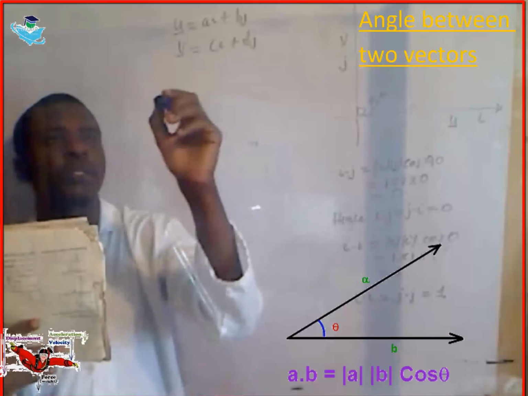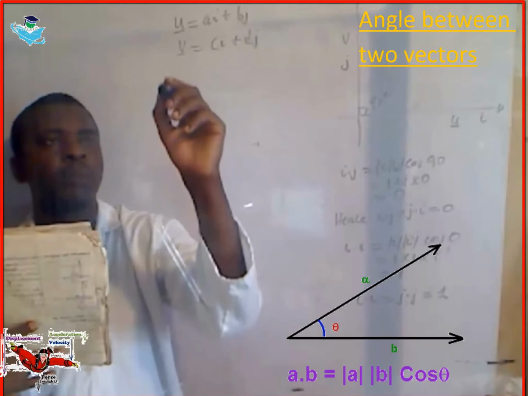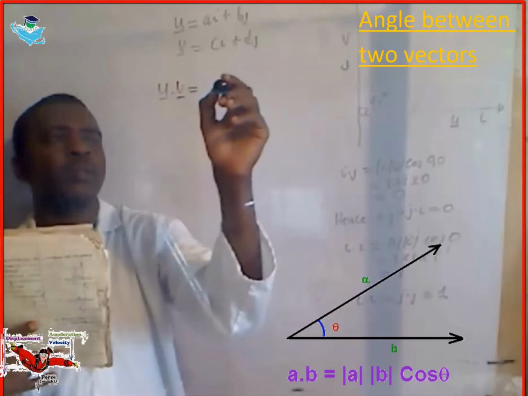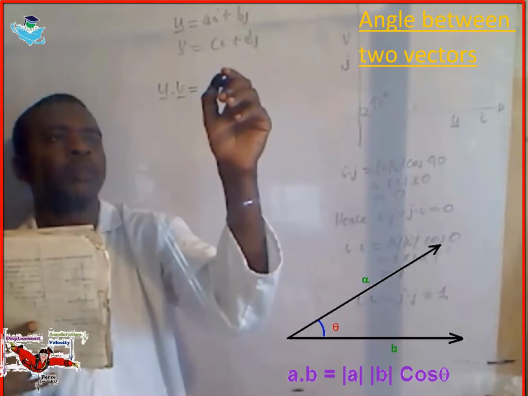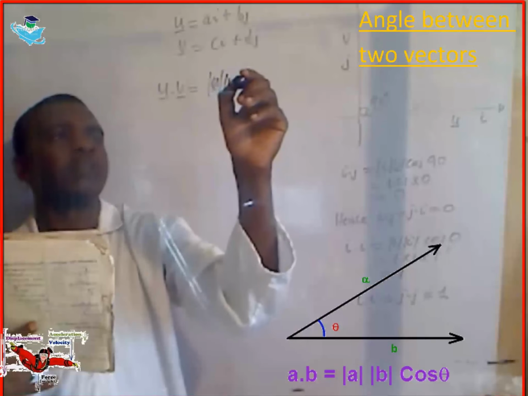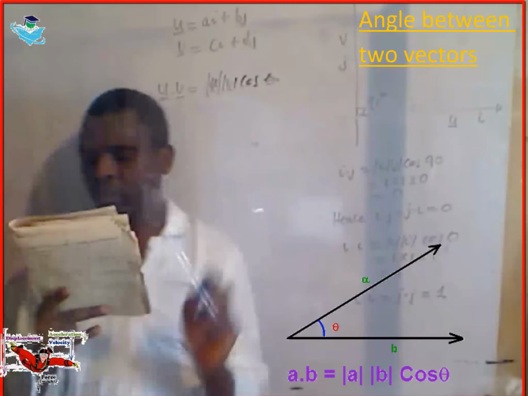By definition, u dot v is equal to the magnitude of u times the magnitude of v times cos theta.